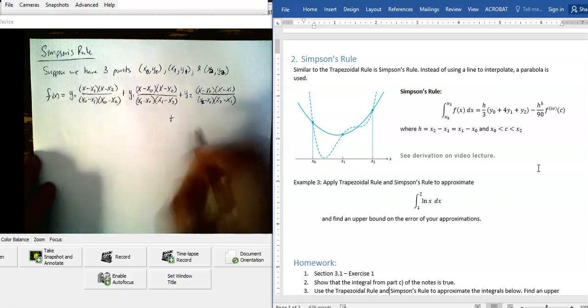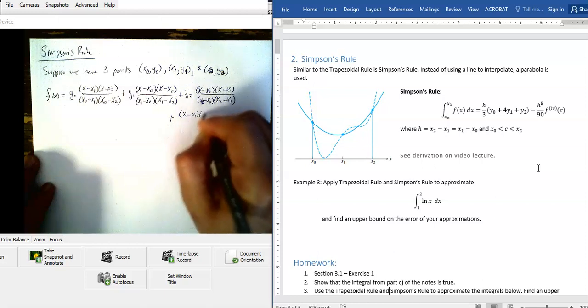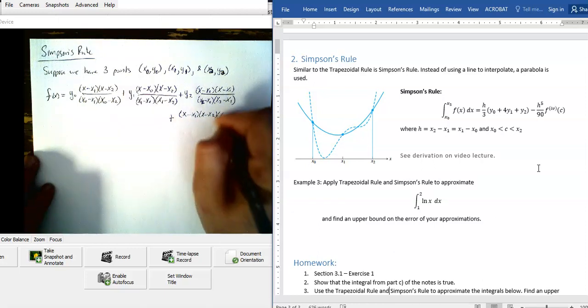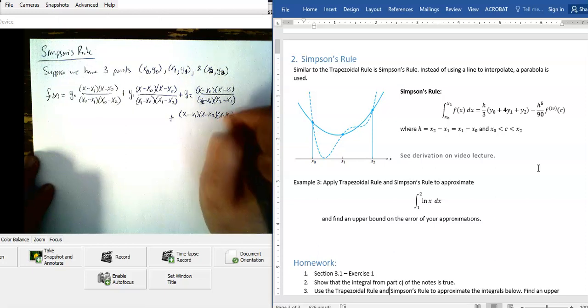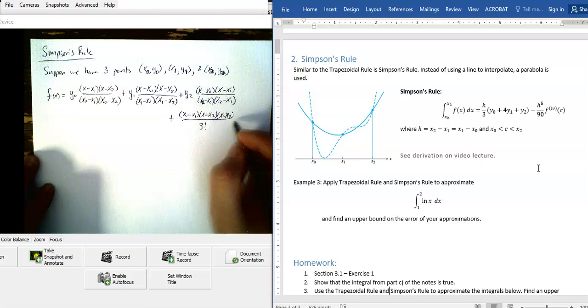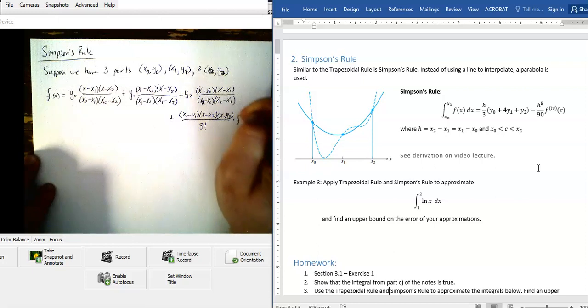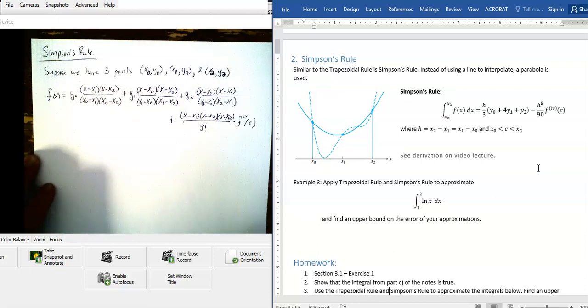The error term would be (x minus x0)(x minus x1)(x minus x2) over, since we have 3 points, 3 factorial, times f triple prime at c.